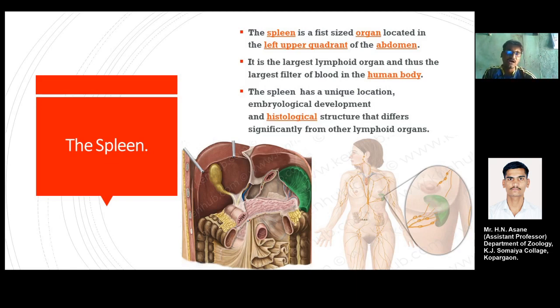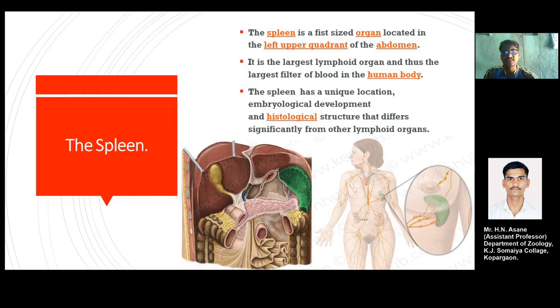In the other picture at your left, you will see the cross section of a human anatomy, the thoracic cavity and the abdominal cavity, with the green highlighted structure in the left upper quadrant.